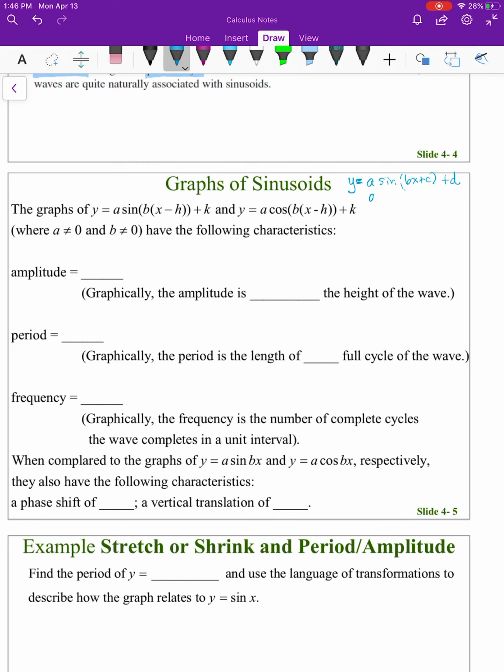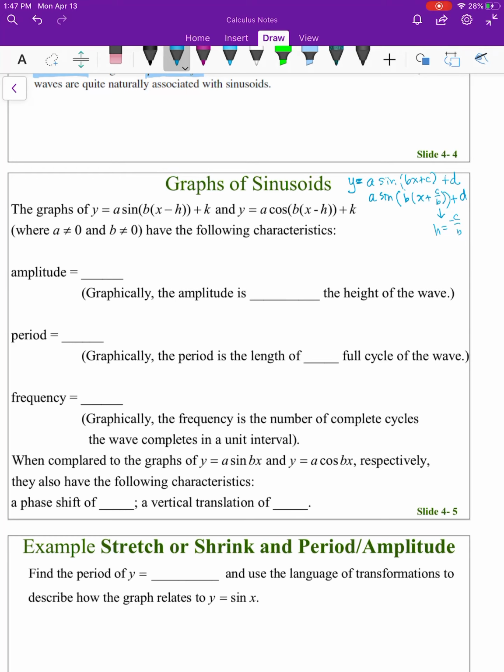It was a sine of bx plus c plus d, okay? So what they ended up doing is they factored out the b, right? And then when they did that, this c divided by b became h, and they did it as h equals negative c over b.